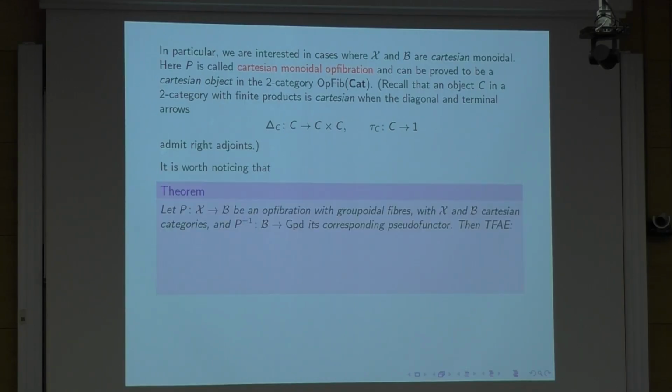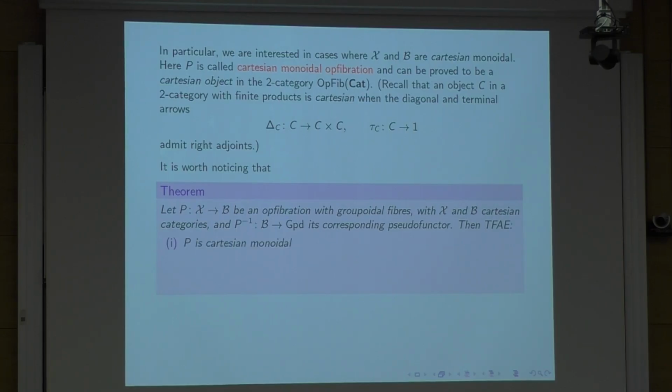And this is an important point, because since our aim is to have groupoidal fibers eventually, if you look at the case of groupoidal fibers, you start with an opfibration with groupoidal fibers, with X and B both Cartesian categories, and you look at the corresponding pseudo-functor.